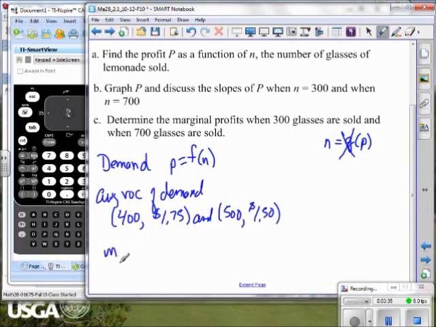The slope of our demand function, we can just set this up: $1.75 minus $1.50 divided by 400 minus 500.